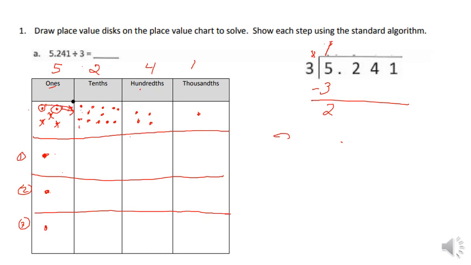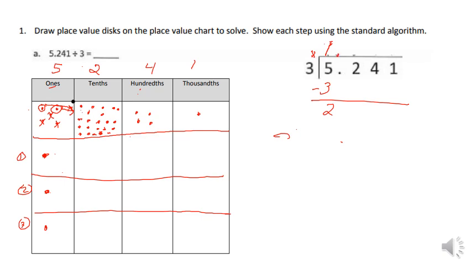That was one of them. Now I'm going to bring the second one over. 1, 2, 3, 4, 5, 6, 7, 8, 9, and 10. Now I had 2 tenths, I added 20, so I'm going to have 22 dots in this space.